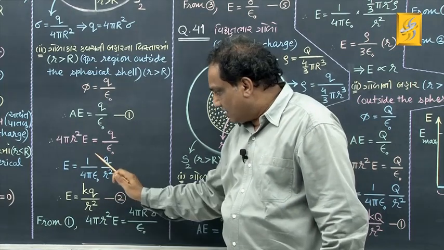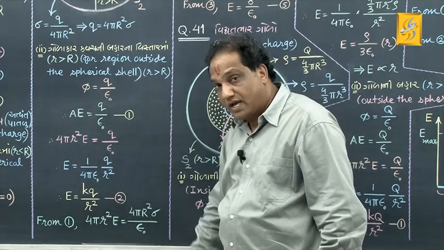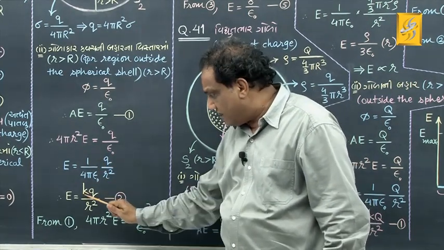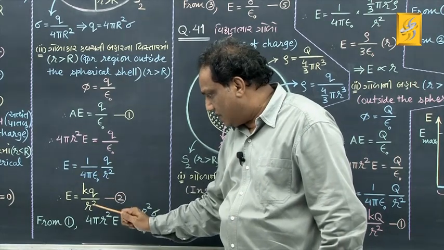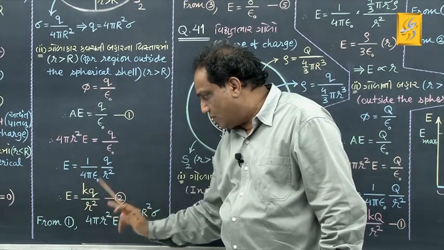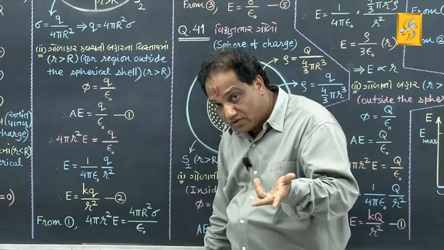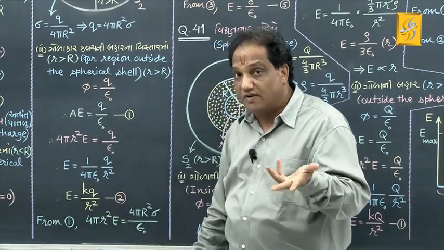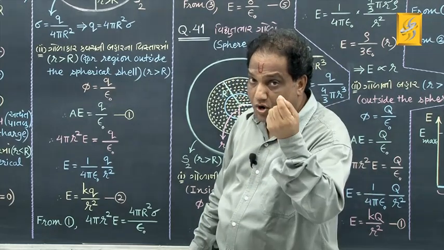Now 1 upon 4 pi epsilon 0 can be replaced by small k, so E equals kq upon r square. Can you recall? Such an electric field was possessed by a point charge.